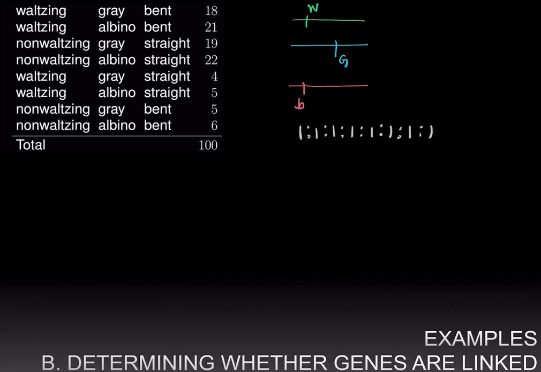And it's clear that here we are not getting this 1 to 1 ratio that you would expect by independent assortment, and we can rule out the possibility that all the 3 genes are unlinked and on separate chromosomes.